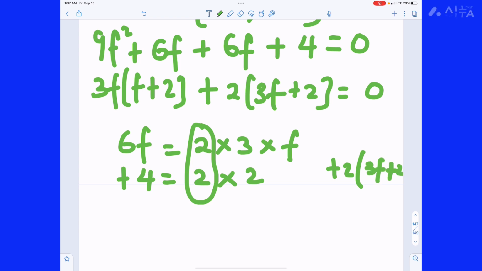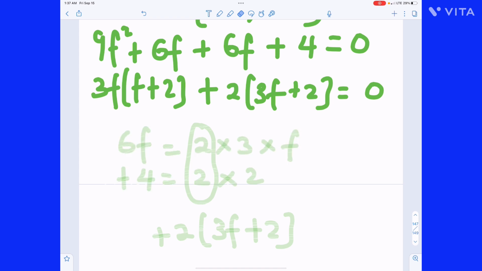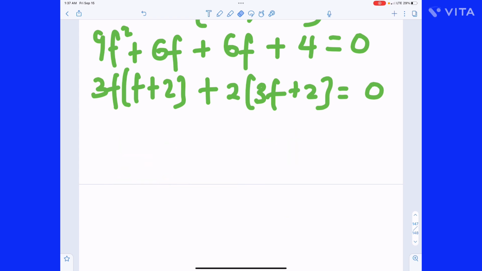In the first row, you have 3f left. And in the second row, you have 2 left. So plus 2, open bracket, 3f plus 2 is your common factor. That's how I got the second half of the factorization.